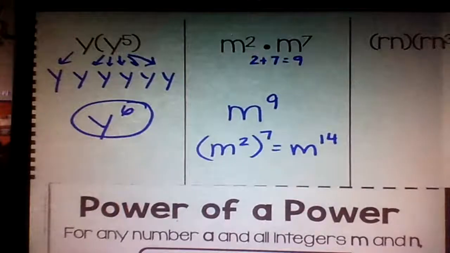So you need to distinguish the difference between a power to a power and two things being multiplied together. So when it's in the parentheses, there's an exponent. That's when you multiply the powers.